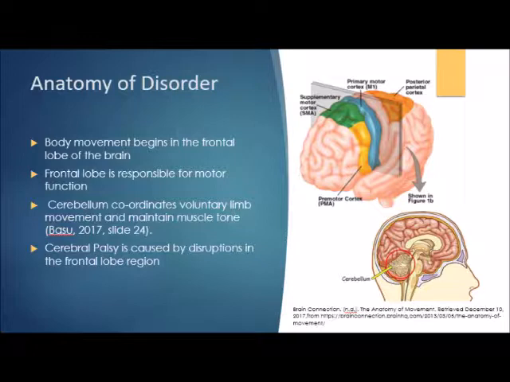In addition, brain damage can also occur postnatally due to rough handling of the baby during the birthing process.